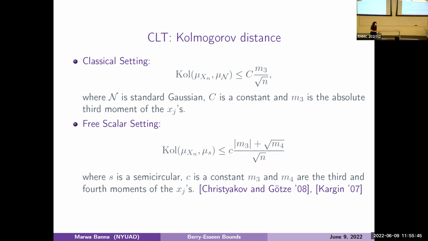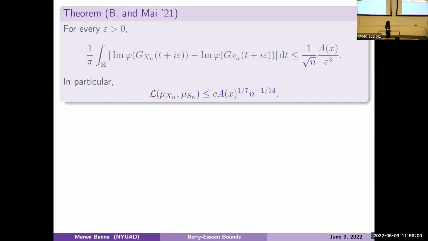And now in the operator valued setting, we're going to use our bounds on this integral of the difference of the Cauchy transform to obtain the following. So this is what we get when we normalize.